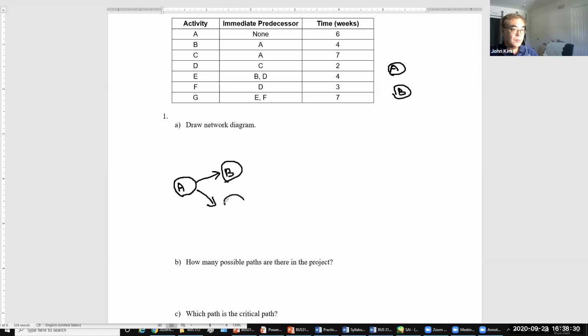And then D from C. And then E from B and D. Then F only from D. And then G from E and F.